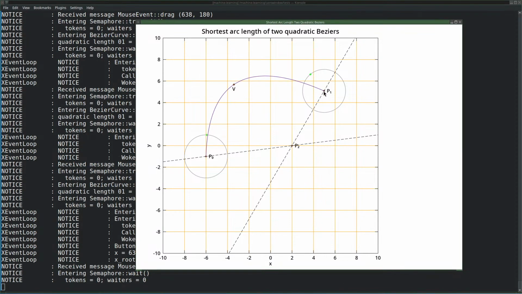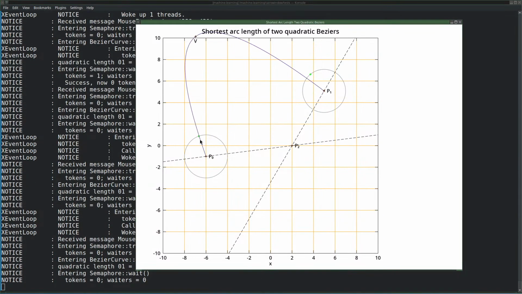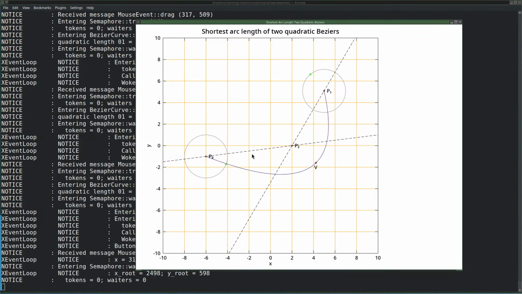That should be the tangent to this thing. Damn it. Something is wrong. Although it's pretty close. Oh, wait a minute. What is happening here?